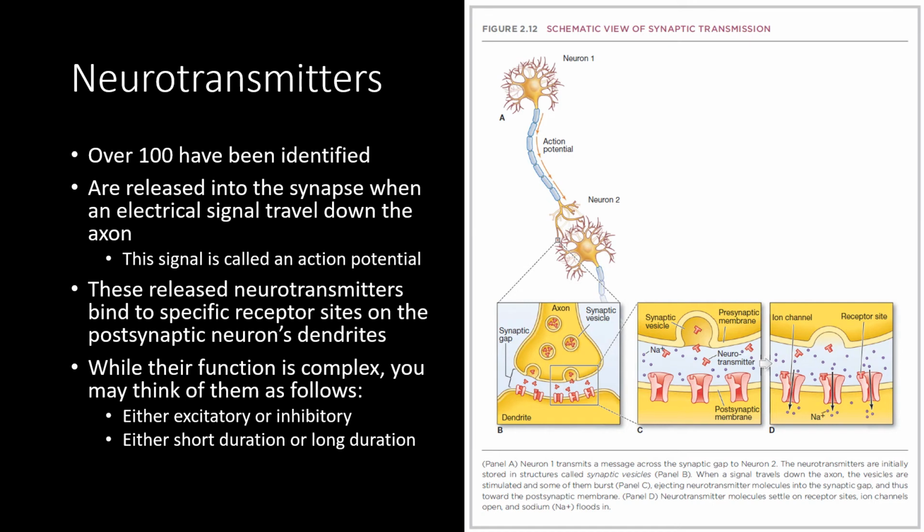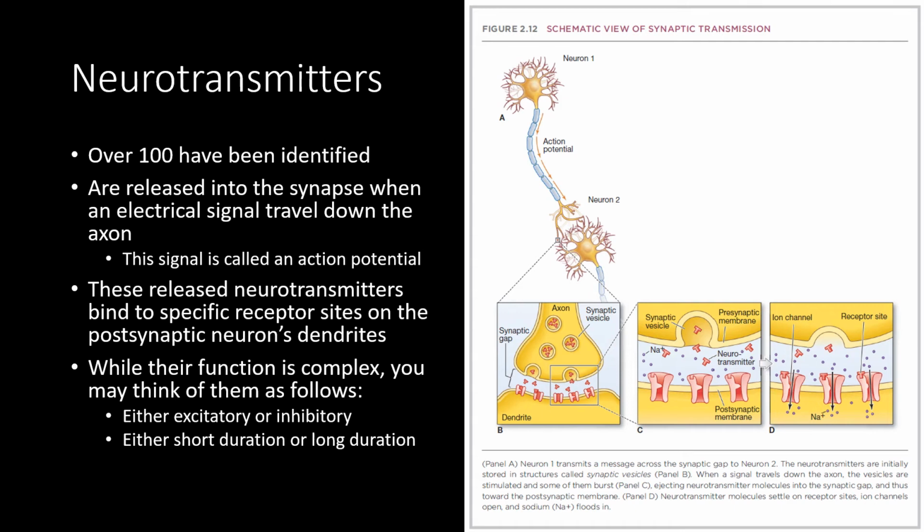This is also how we use certain medications to treat people. If you have ever taken an antidepressant, oftentimes they'll use things called SSRIs, or selective serotonin reuptake inhibitors. What that is doing is, when serotonin is released into this space, because that is also a neurotransmitter, those will keep it from being reabsorbed.